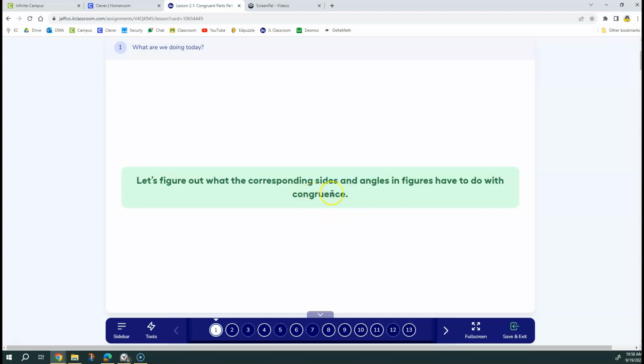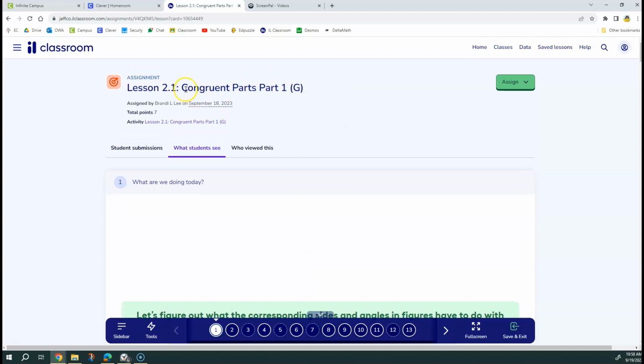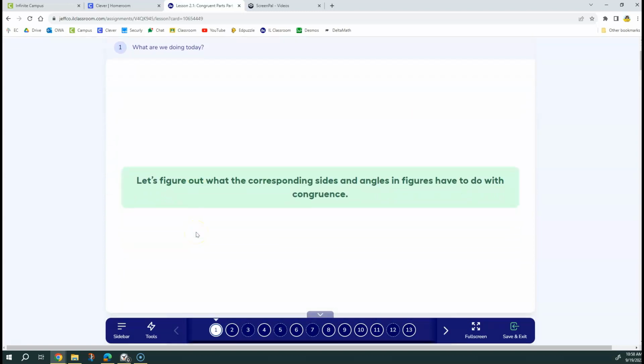And then congruence or congruent. That's the title of our lesson, Congruent Parts. If you are unsure about the definition of the word congruent or congruence, you might want to pause the video real quick and look that word up, because both corresponding and congruence are very important vocabulary words for our lesson today.